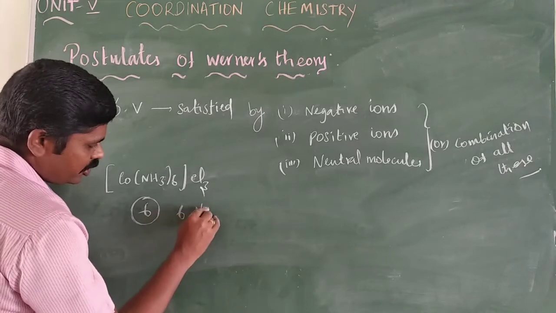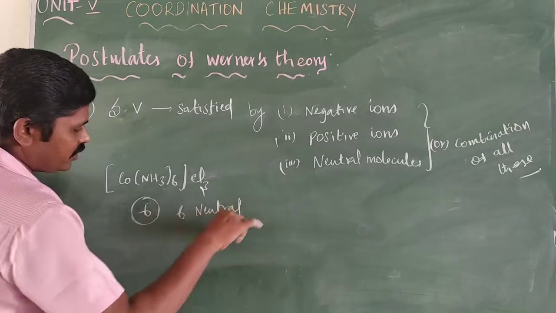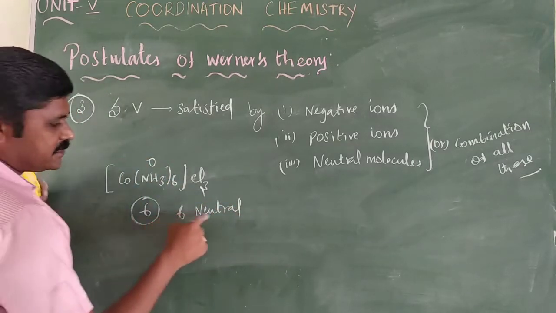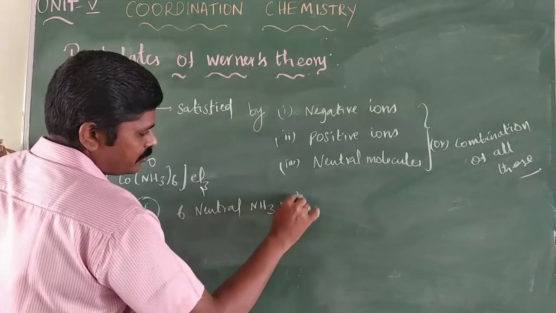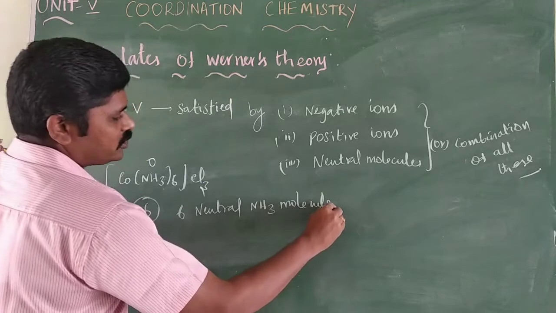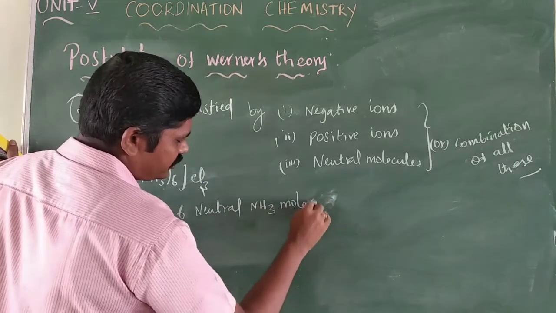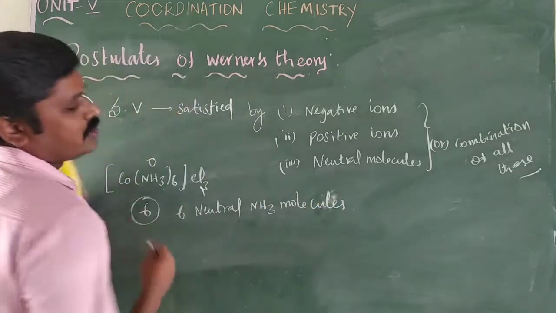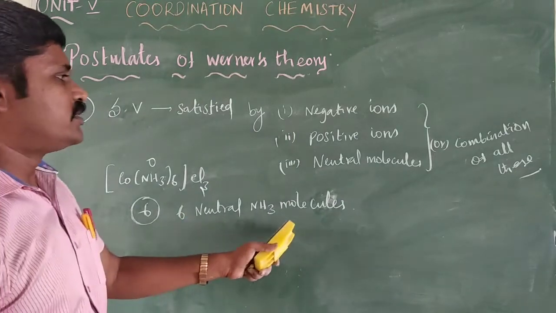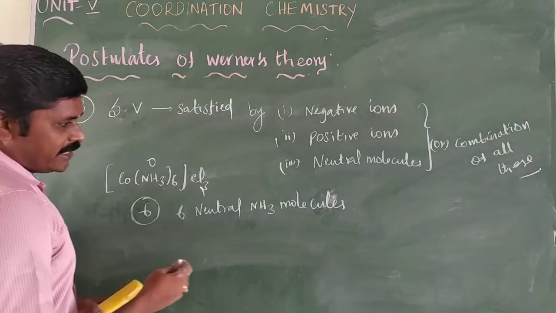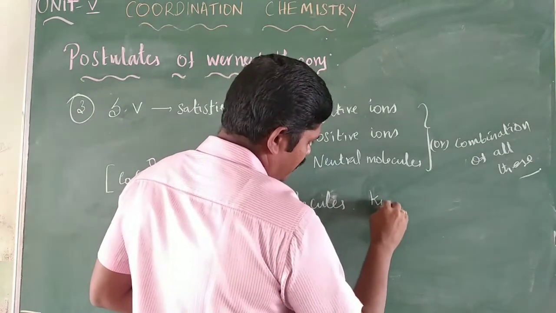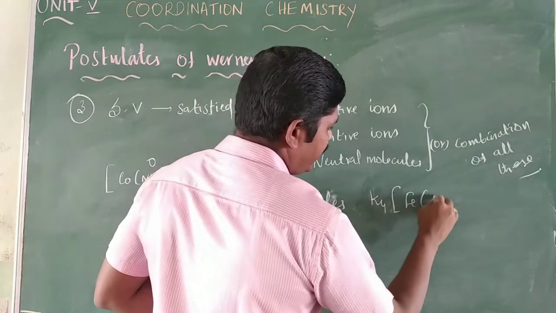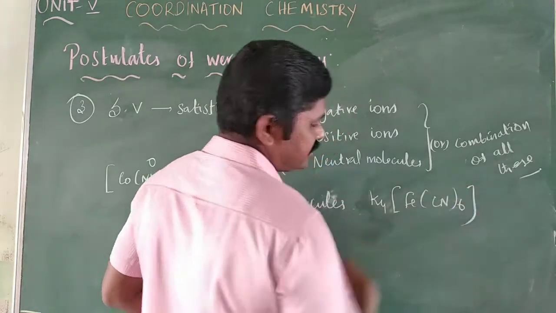The charge is 0, so 6 neutral ammonia molecules. Another example, K4[Fe(CN)6].